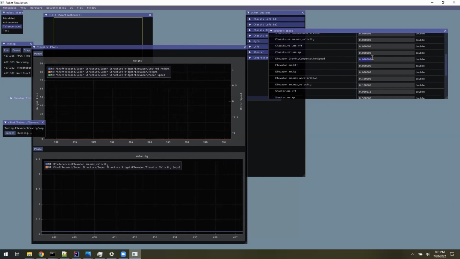So what should I do? We're just adding this as a percent output, so a value between -1 and 1. It's probably going to be positive. How much power do you think it's going to take to hold this ridiculous elevator up? Try 0.1. Moving on up.